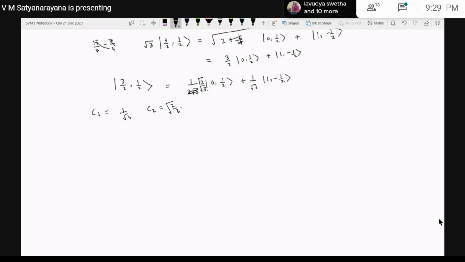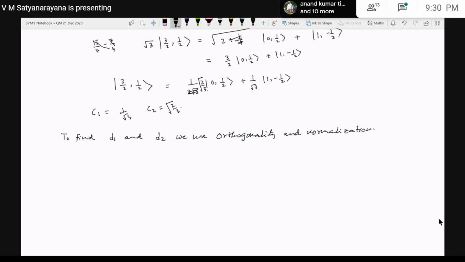Okay. Now to find D1 and D2, we use orthogonality and normalization. Okay. Now, if you want orthogonality, it is very easy to see that.